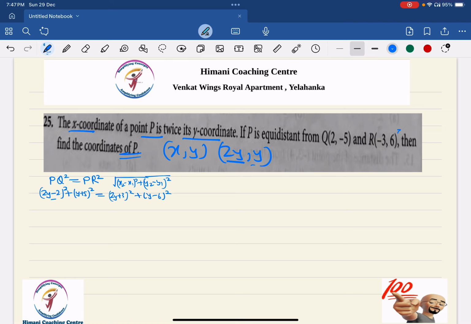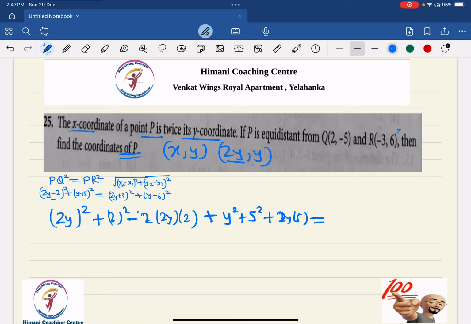So 2y minus 2 square would be what? 2y the whole square plus 2 square minus 2 into 2y into 2, which is a minus b whole square. Then y plus 5 square, so y square plus 5 square plus 2 times y times 5. Okay, which is equal to 2y plus 3 whole square.